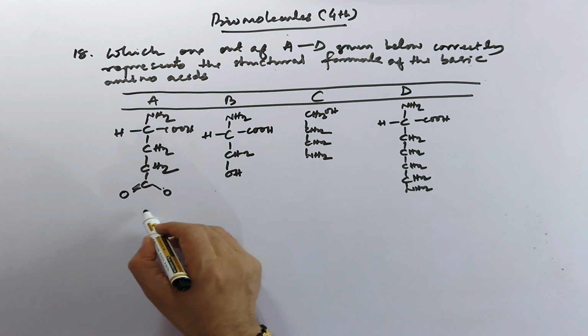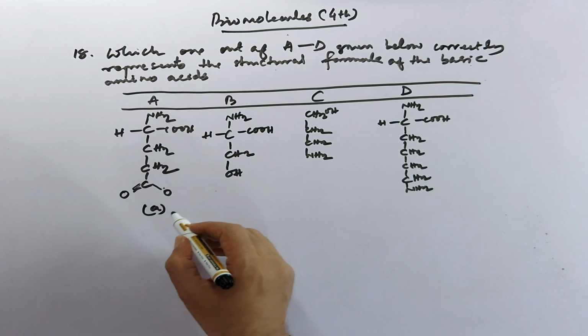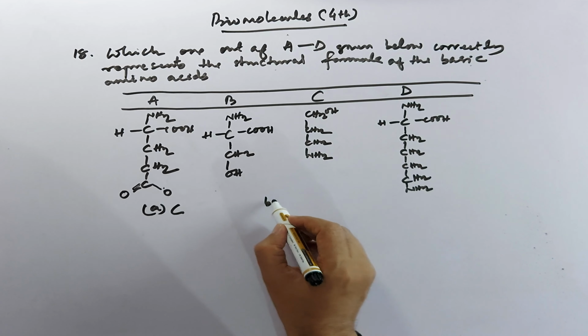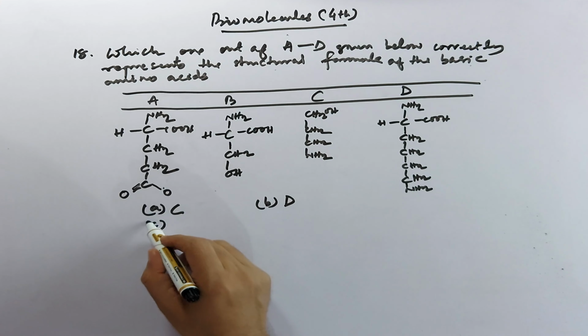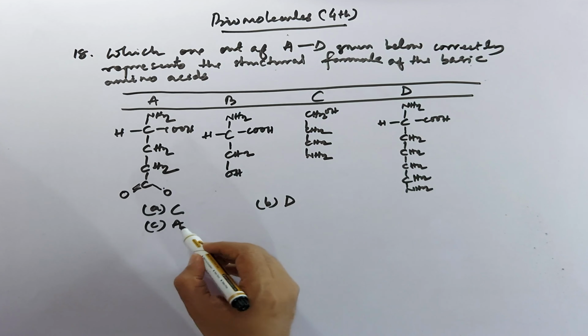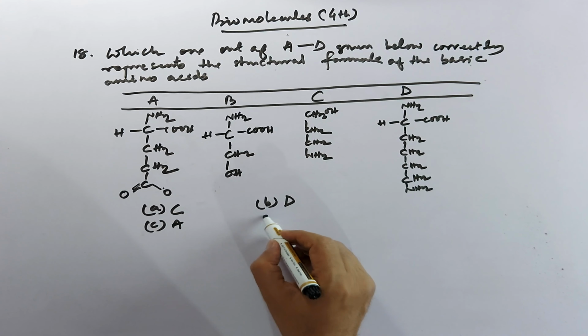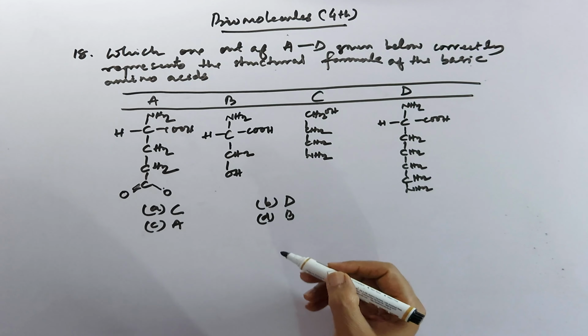So the options are A, this is C; B option, that is D; C option, that is A; and this is D option, this is B.